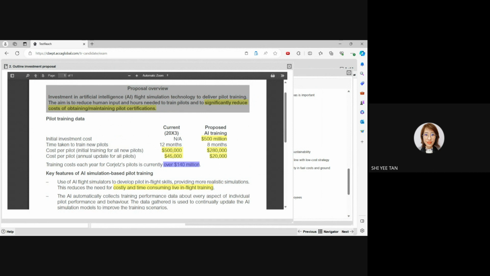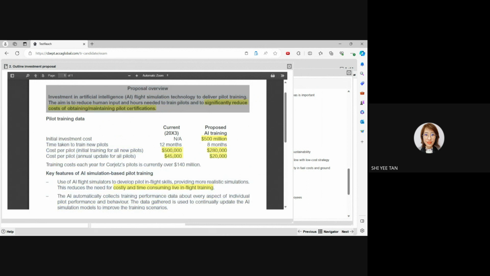Maybe we can do some calculation. Hold on. No, not really able to do calculation, because training cost, is it for initial training or for annual update? How much is the portion of initial training? How much is the portion of annual update? We have no idea. So at my first glance, I don't think I can do any calculation.